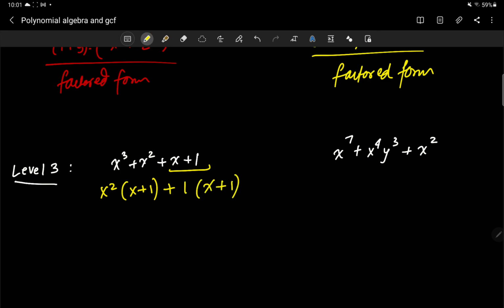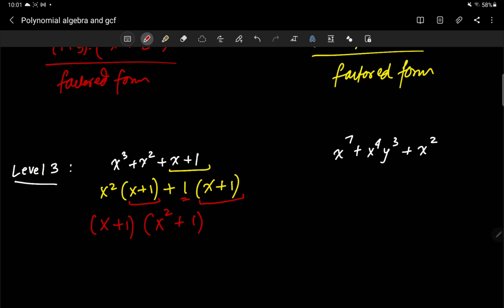And the reason I do that is because I can already see that in the second step, I'm going to factor out (x plus 1). So I'll be left with (x squared plus 1). Yeah, so if they don't have a greatest common factor, you can always factor out a 1 and that still works.